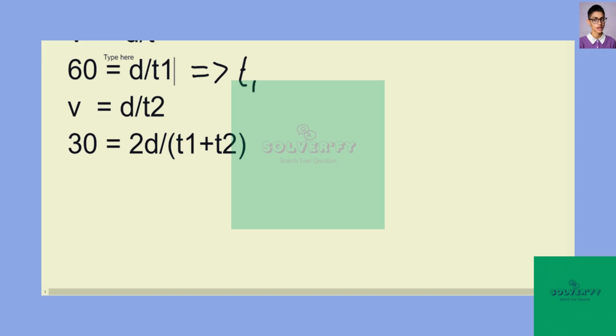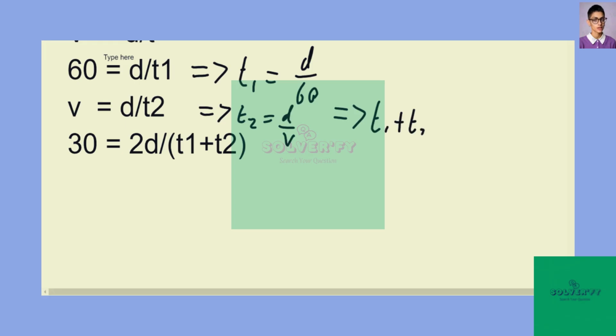So we know that t1 is equal to d over 60. Similarly, we manipulate this equation to get t2 is equal to d over v. So now we add these two equations. That gives us that t1 plus t2 is equal to d over 60 plus d over v.